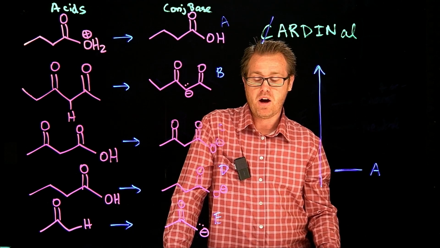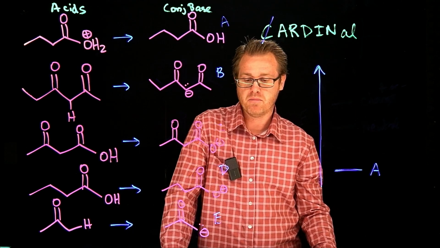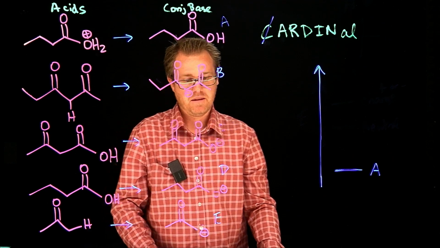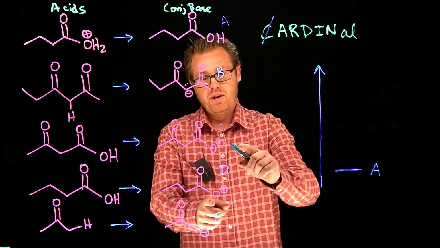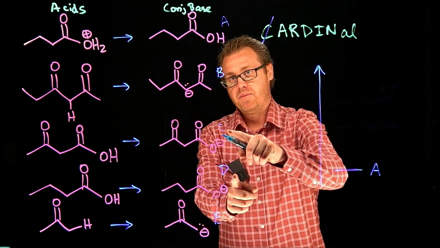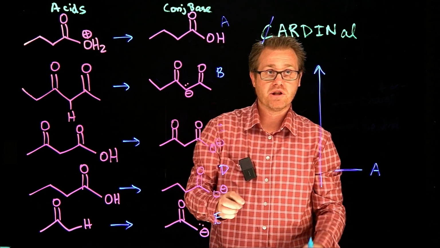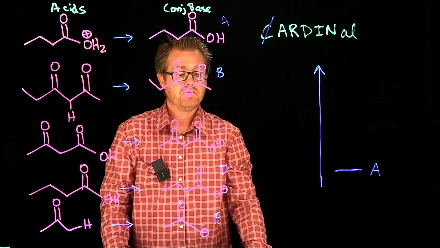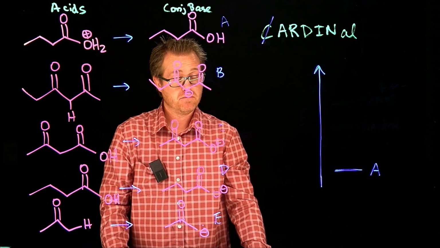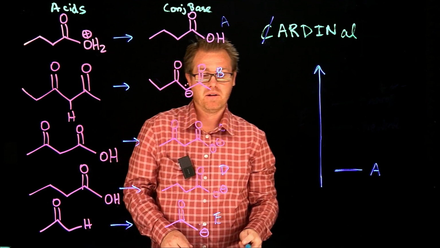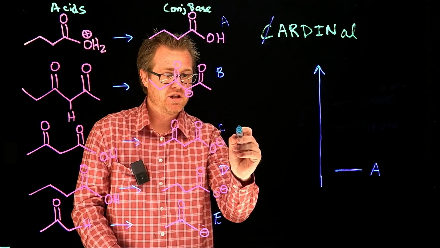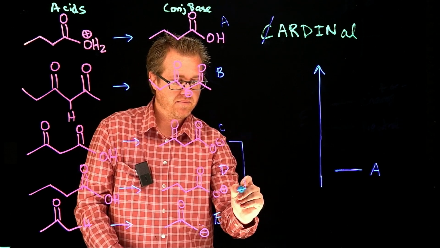Oxygen. So the oxygens are going to be the most stable. And so it's between these two, C and D. So B and E have the charge on carbon. So we're just going to ignore that for right now and put those on the back burner. So now we just want to focus our attention on C and D.